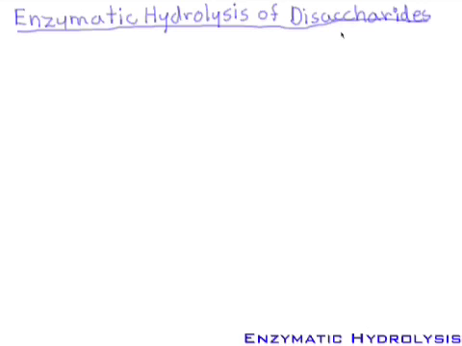First off, one should know that enzymes hydrolyze specific glycosidic linkages. Maltose, for example, can be broken down or hydrolyzed by an enzyme called maltase.